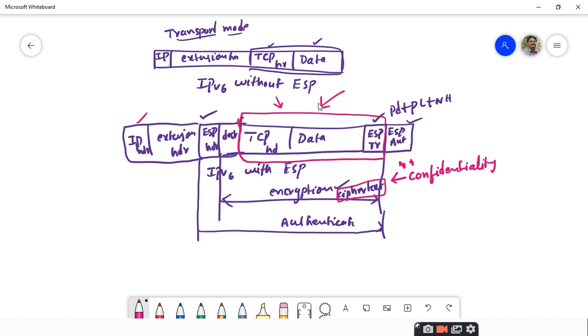Once the packet reaches the destination, it is going to open the ESP header and go for the SPI, where it will get a lot of information related to the security association, and then it is going to decrypt the packet, and then it is going to get the TCP header plus data in plaintext format, which will be transmitted to the upper layers.